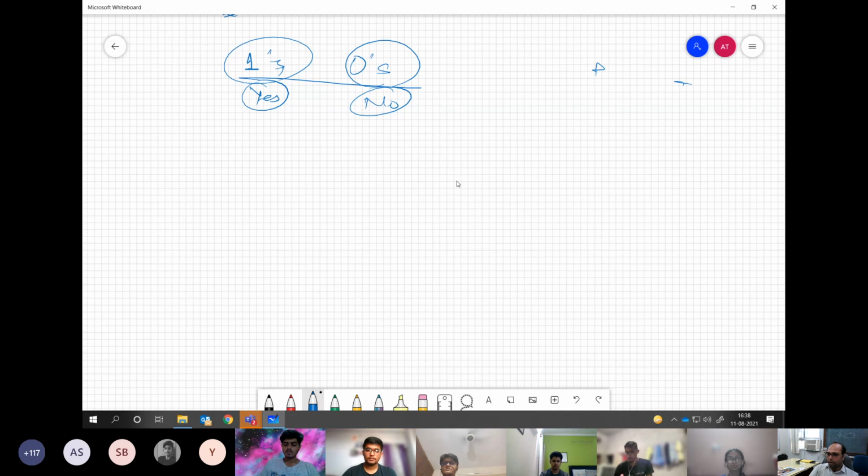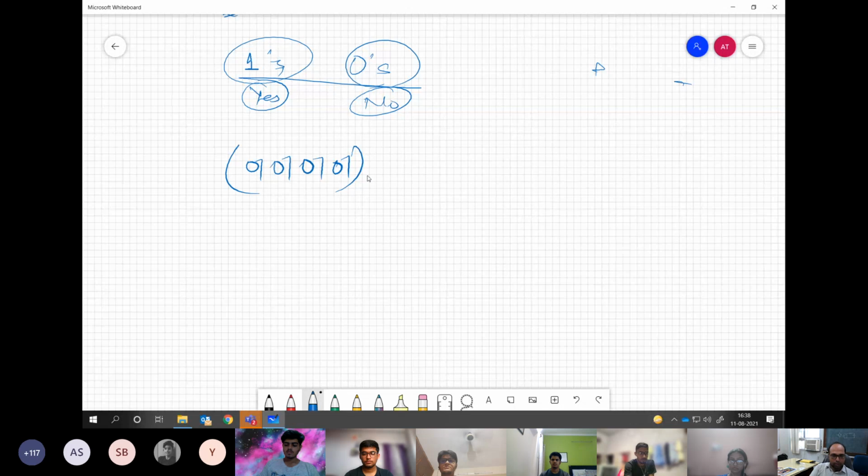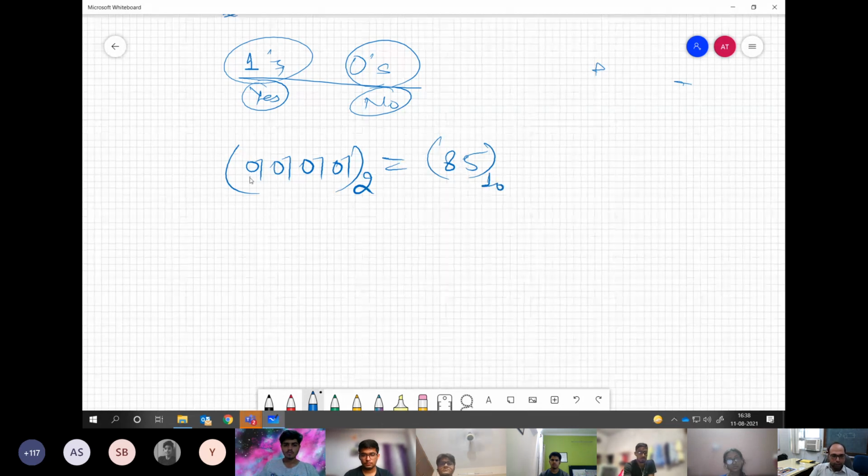Getting my point? Now let's say a number is there. Let's say we are representing 85 as 01010101. This is the number which we call as 85 at base 10. When we are referring to its magnitude and its sign, we refer to the most significant bit, and we see whether this is 0 or 1.